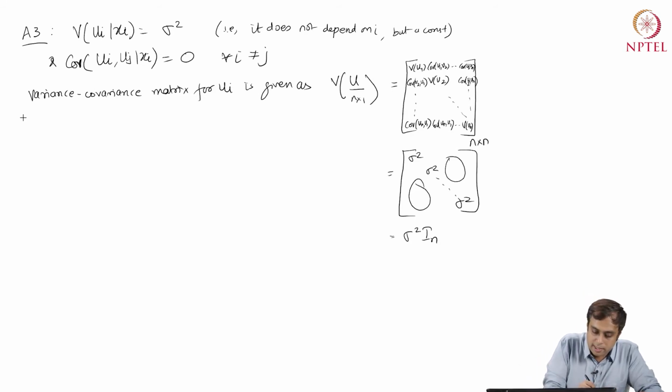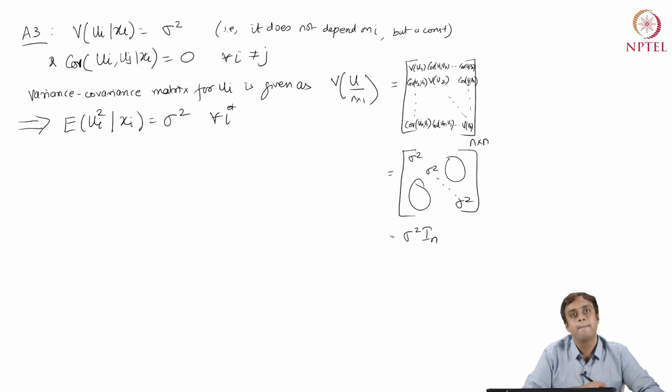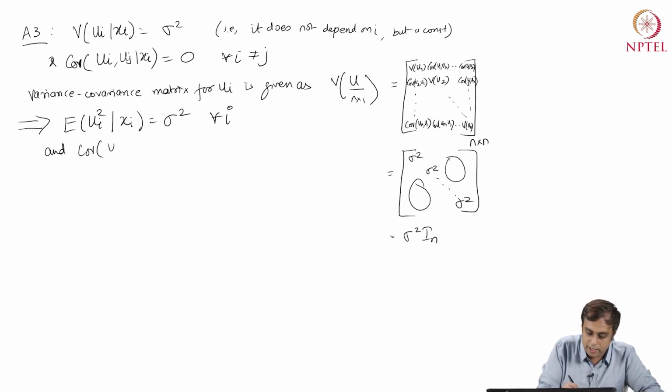This implies that expectation of ui squared, the second moment of ui, is sigma squared for all i, right. And the covariance of ui uj given xi xj is 0 for all i not equal to j.